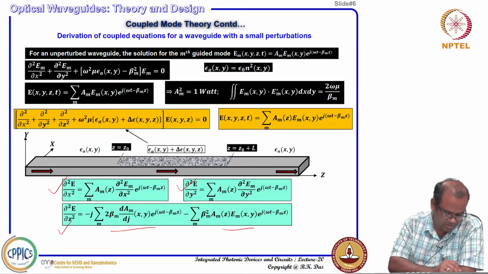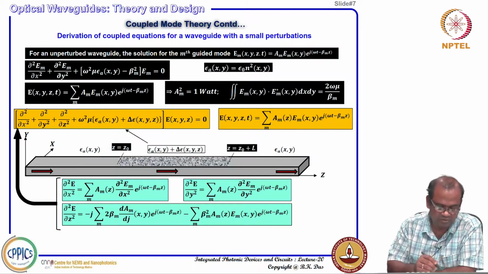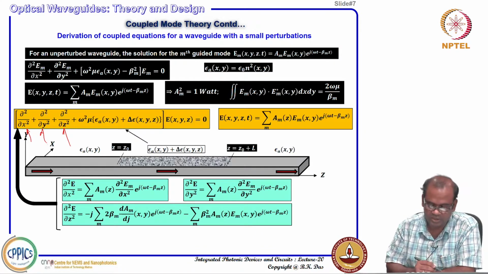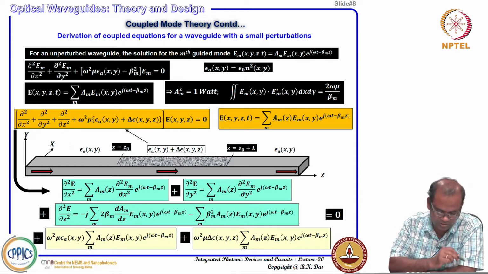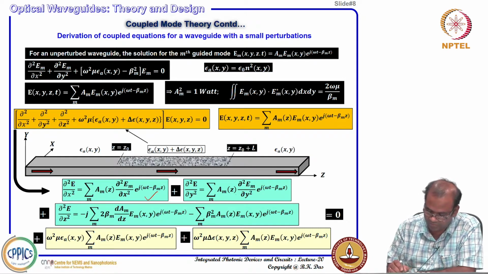So what is next? Next you just insert all these three terms here, here, here, multiplied by e here, into this equation. Once you insert, what do you get back? The first term whatever you are getting should be added with this, and this.